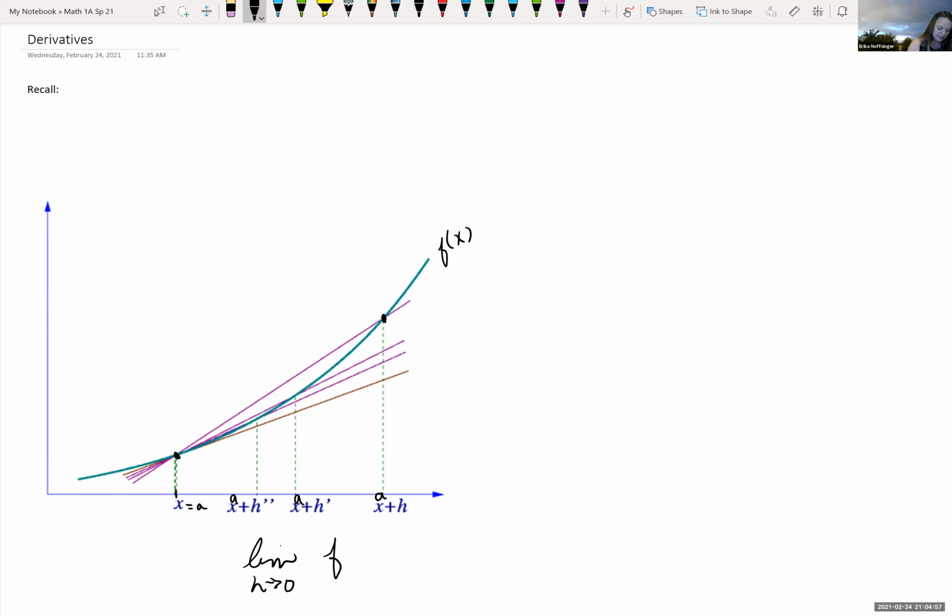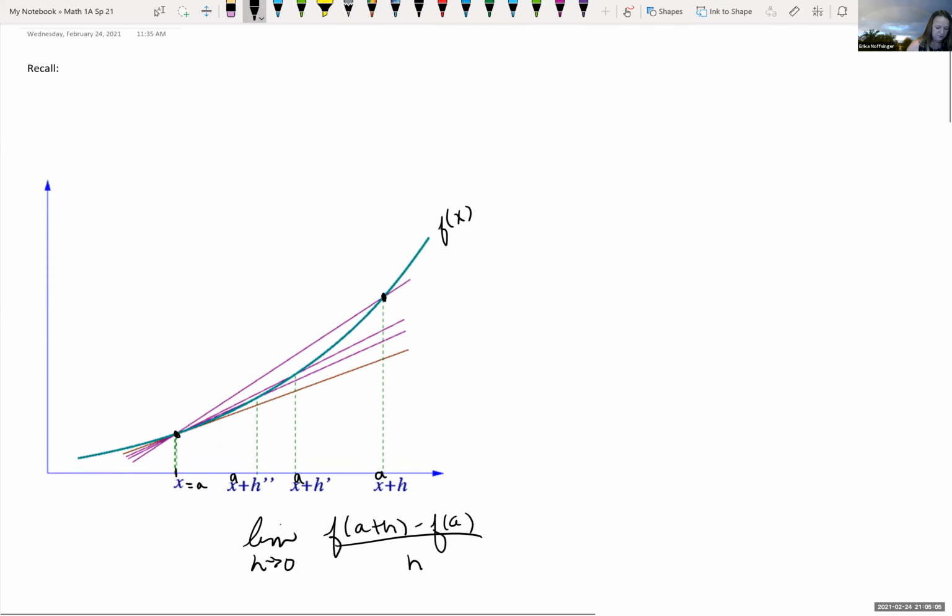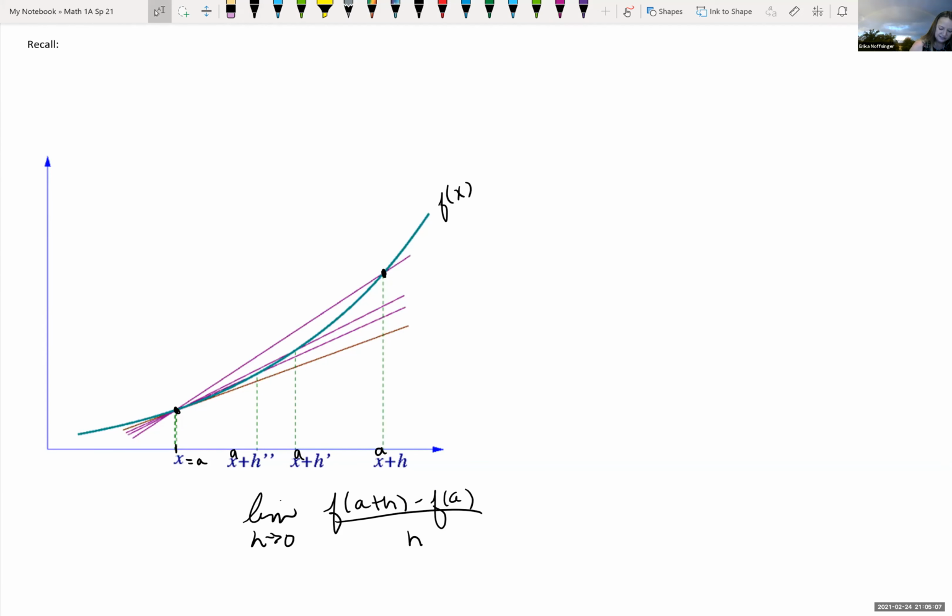We saw that this was f of a plus h minus f of a all over h. And that gave us a couple different ways that we could write this. The instantaneous rate of change at x equals a.